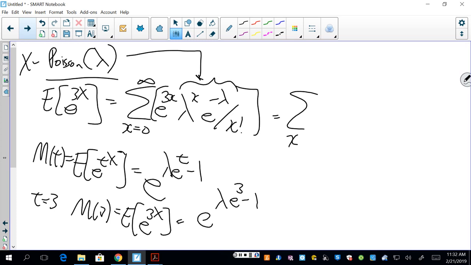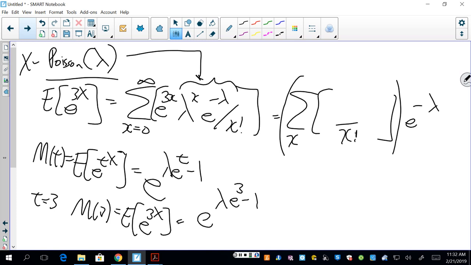First you can pull the e to the negative lambda out, outside of the sum. There's an x factorial here. But you can combine these two things, right? Lambda e to the 3, all of that to the x power, and this goes from 0 to infinity. That's how you can combine those two things with that same exponent.